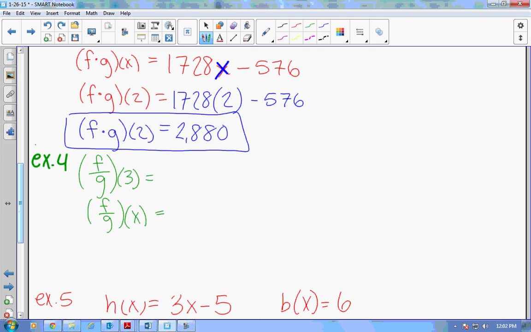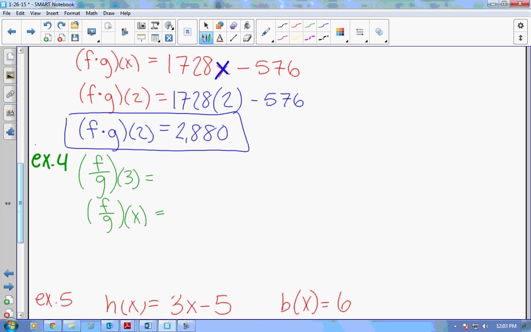So the 3 goes wherever there's an x. It replaces the x. In that case, it's, yeah, multiplied. Now you have to divide everything. So on this line, I would scoot that down a line. And I would not divide like that. I would divide like this.